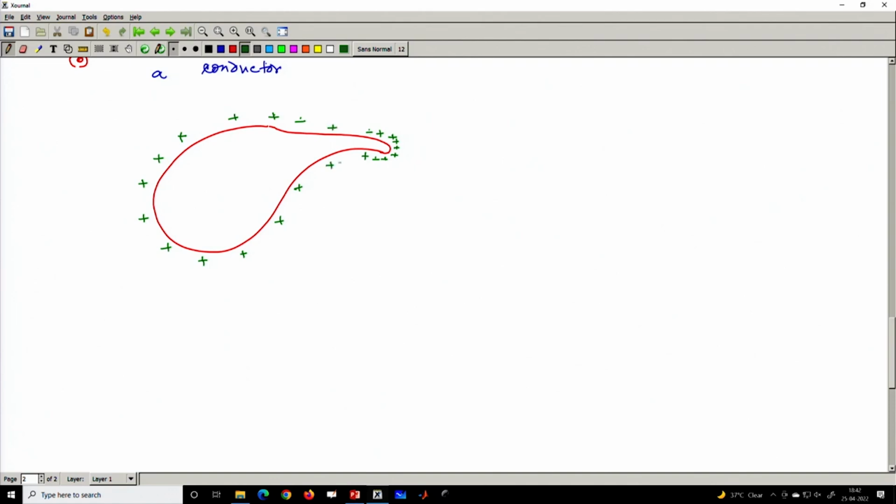So here in this regime, the greater surface charge density one can expect. Greater surface charge density can be observed in this region.